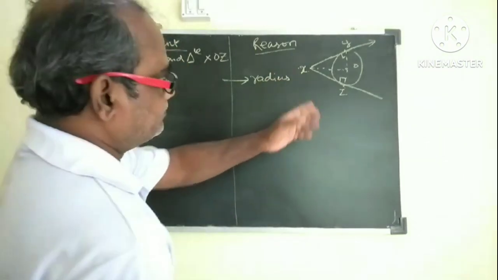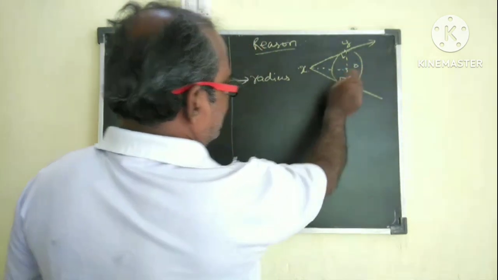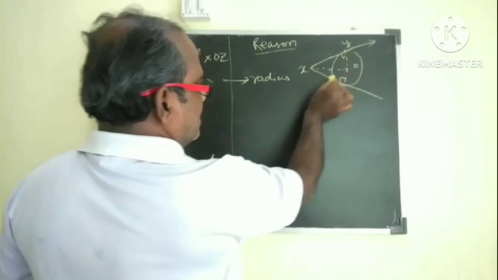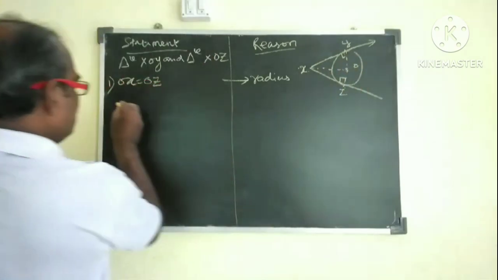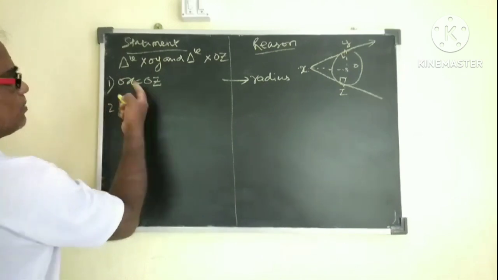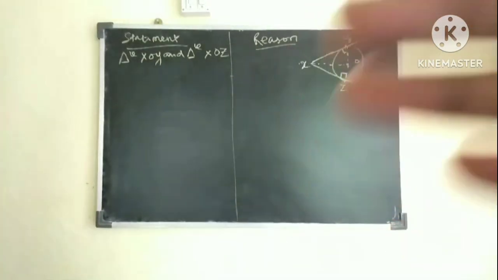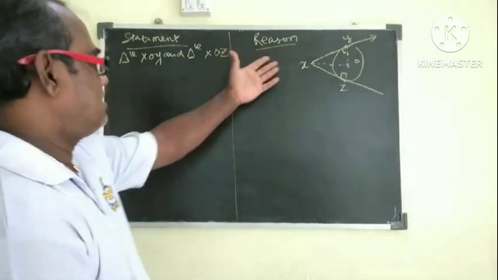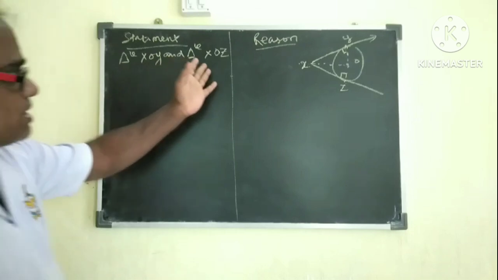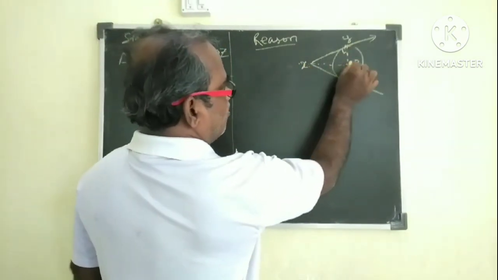Number two, XO is common for both the triangles. This XO is also for this triangle and this XO is also for this triangle. Now you have to make the chart like this, statement, reason, and in the statement you have to write the two triangles, XOY and XOZ.